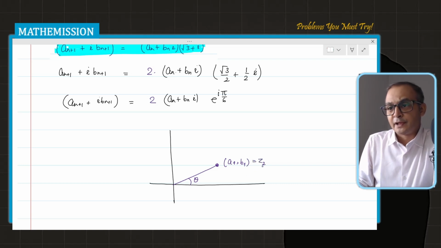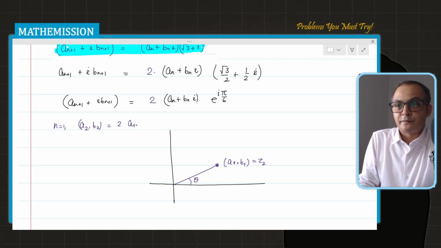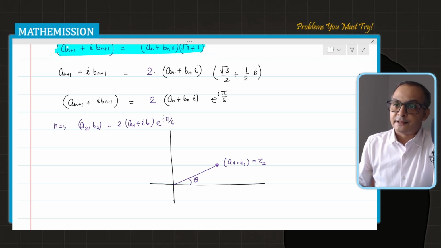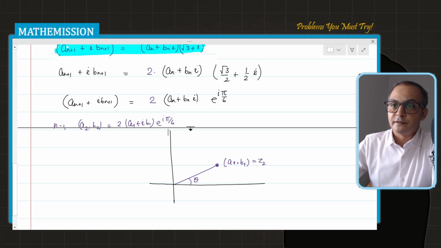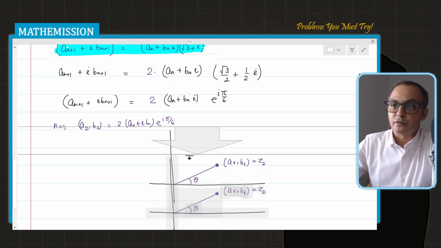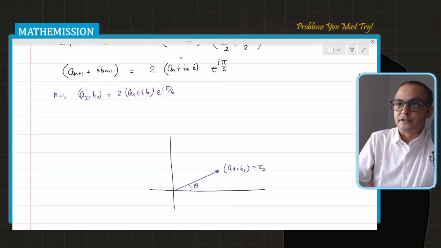Let's say z1. z2 means that when I substitute n equal to 1 there, that will give you a2, b2, and this is 2 times a1 plus i b1 and e to the power i pi by 6. So what is happening here? Let me just take this thing down a bit to show how the scale factor is acting.